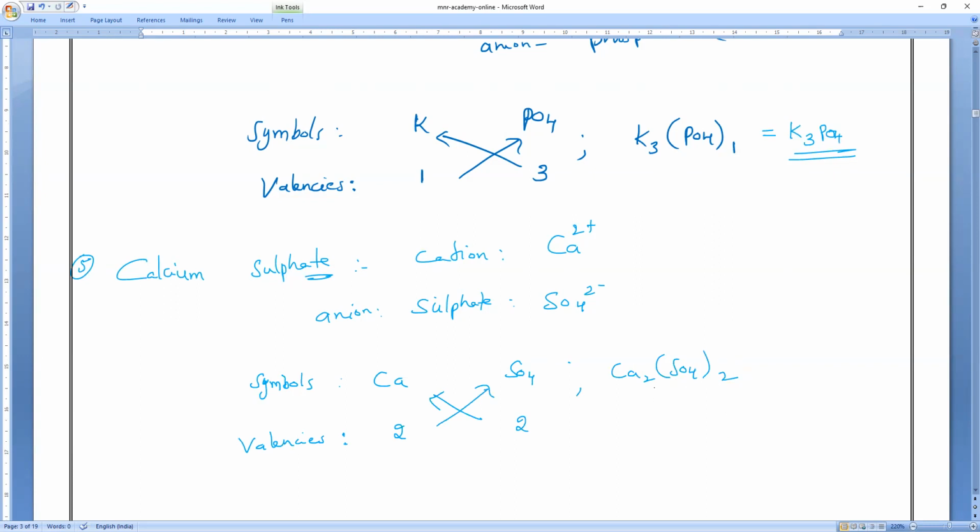Remember, when both numbers are divisible by the same number, the chemical formula must be written in the lowest whole number ratio. So both 2 and 2, I will divide by 2, and we get the formula.